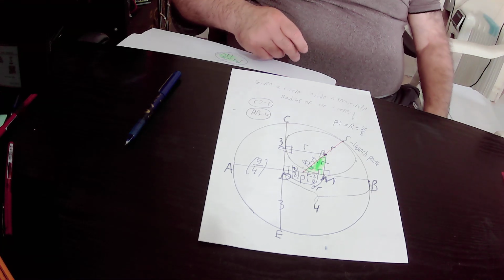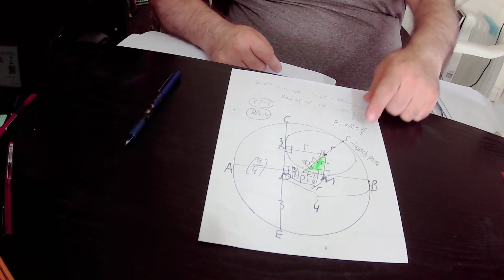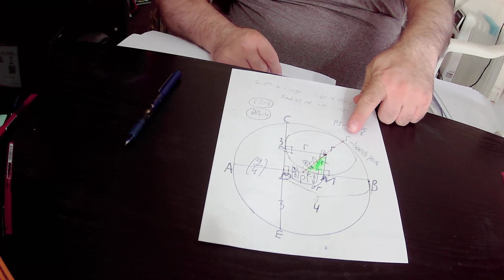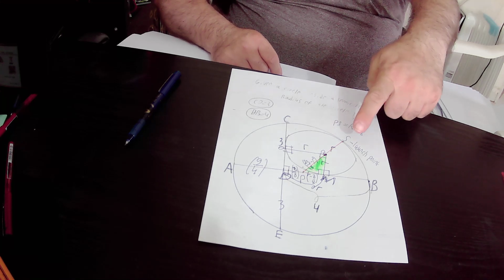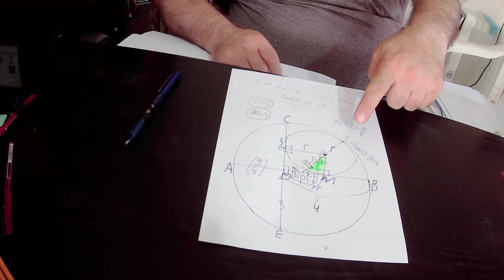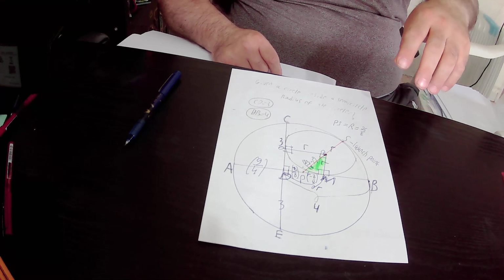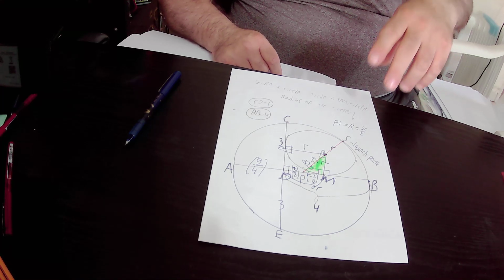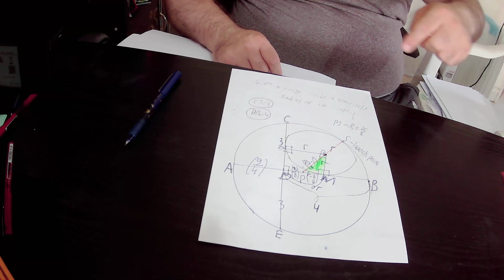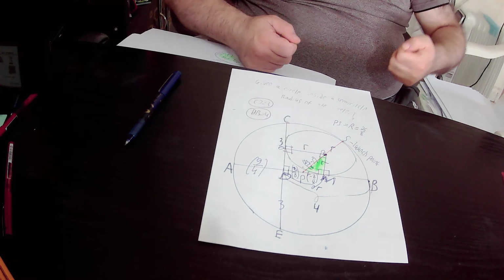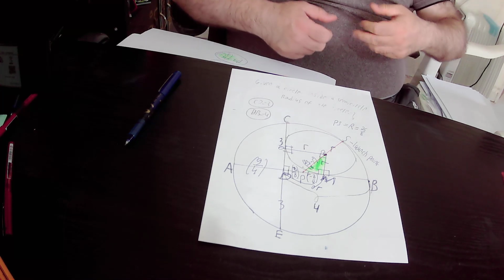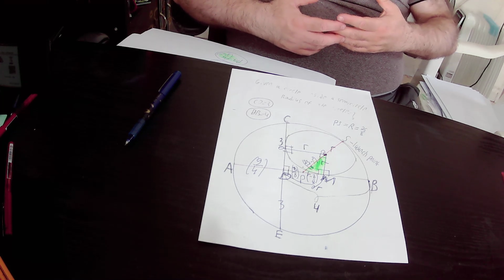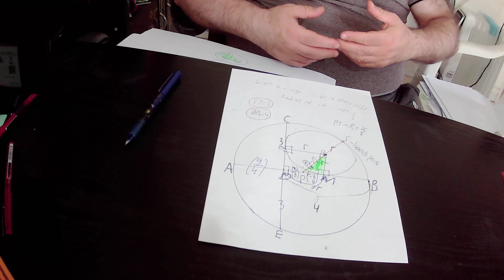Next, we define the touching point of those two circles, the small circle with the big circle, as point S. Point S is the tangency point of those two circles. Because the small circle is located inside the big circle, this type of tangency is defined as internal tangency.